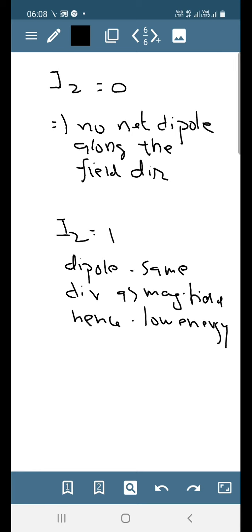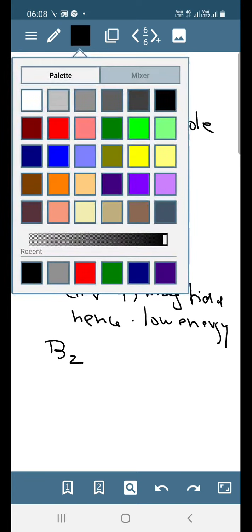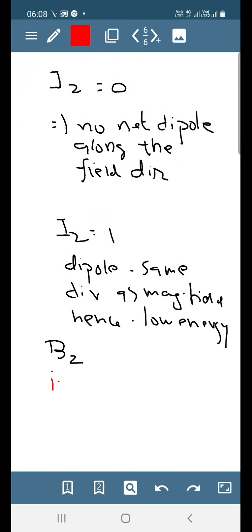Now, whenever you apply a magnetic field B in the Z direction, there will be an interaction with the dipole moment. That interaction is mu Z into Bz.